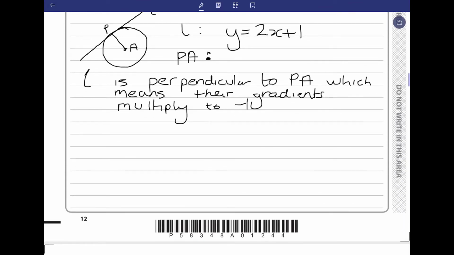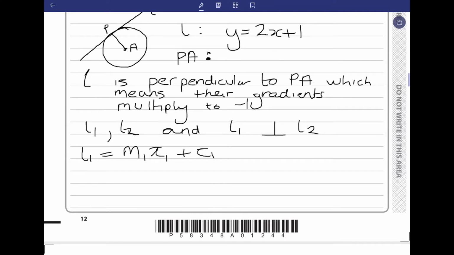If we have two lines L1, L2, and L1 is perpendicular to L2, that's what this symbol means, where L1 equals M1 x plus C1 - I'm trying to not make this complicated, but I'm just trying to write down what I mean - and L2 is M2 x plus C2, then M1 M2 equals minus 1.